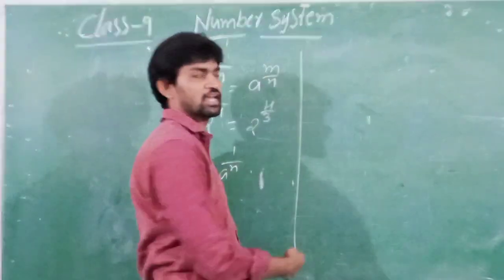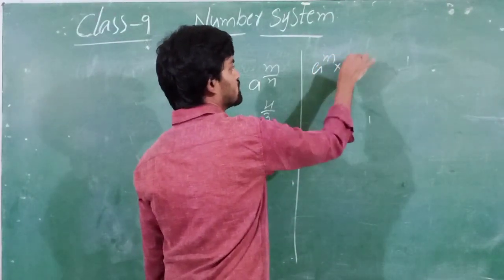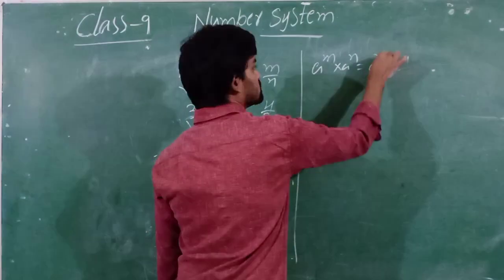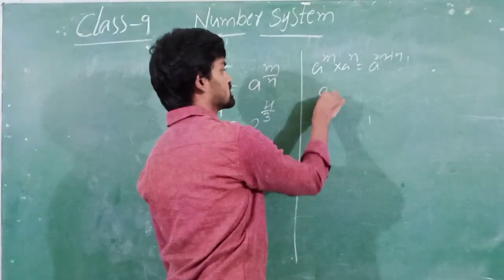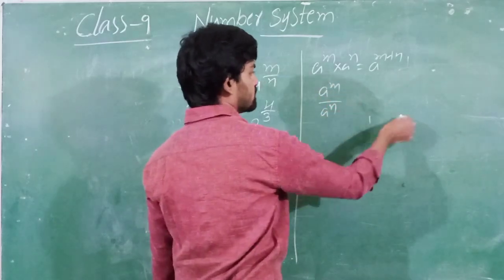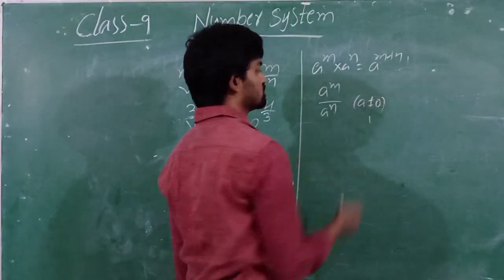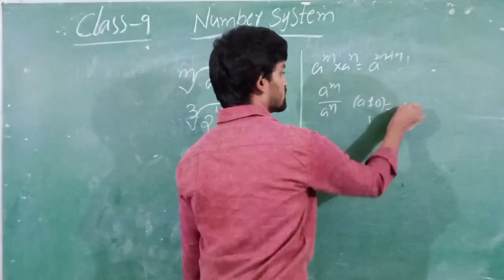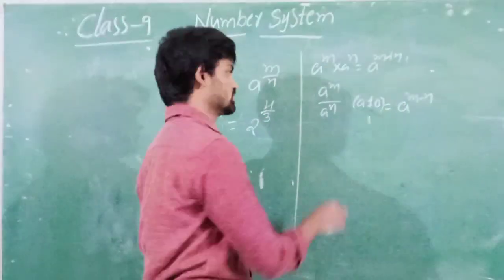Those I will explain briefly here. First is the product law: a power m into a power n gives a power m plus n. Next, a power m by a power n, with the condition a not equal to 0, gives a power m minus n.